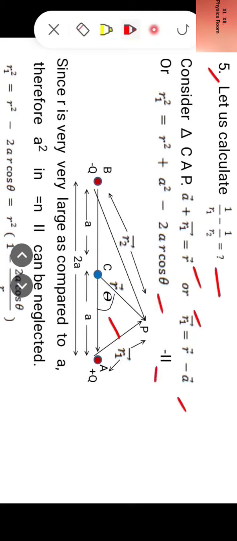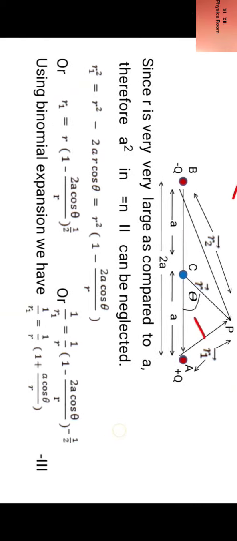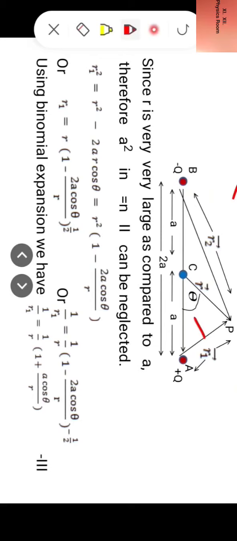Let us mark it as equation 2. Now since R is very large as compared to A, therefore A square in equation 2 can be neglected.